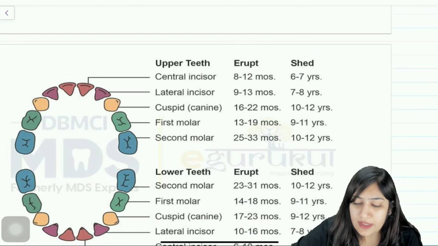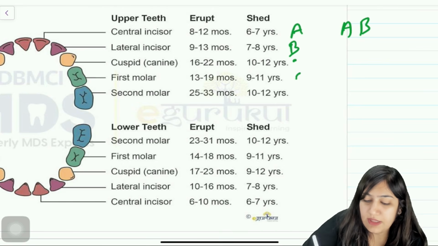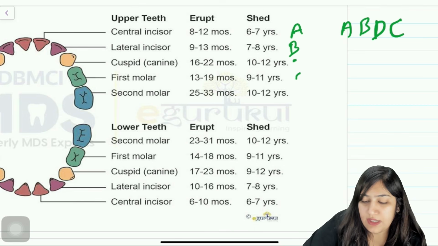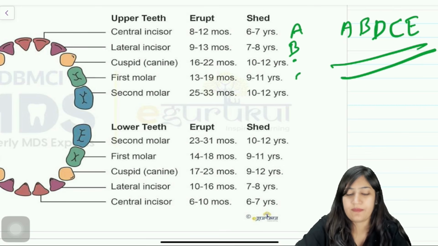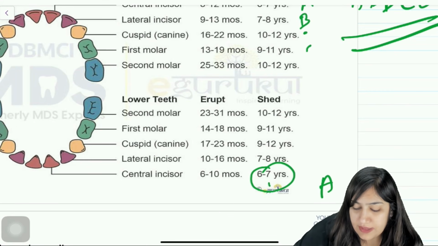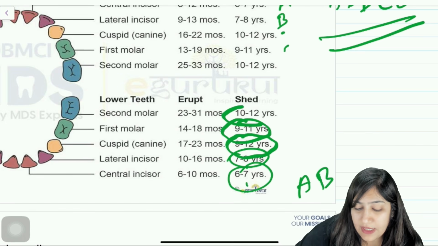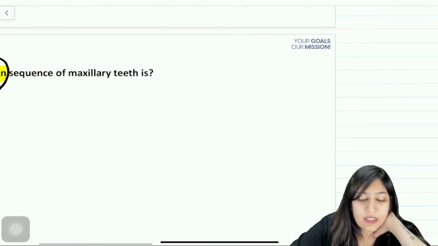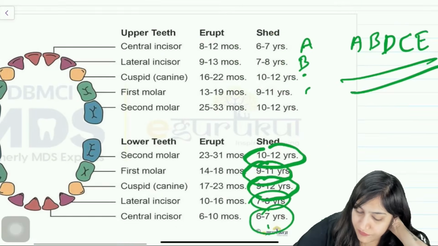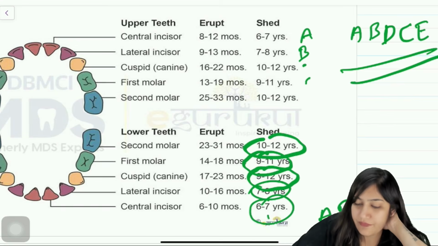So shedding time, as we can see for maxillary teeth, central incisor is 6 to 7. So first is A, then B, then you can go with D: A, B, D, C, E, right? For maxillary teeth. Coming to mandibular teeth, 6 to 7 A, 7 to 8 B, 9 to 12, 9 to 11 and 10 to 12. Here it is asked for maxillary teeth: A, B, D, C, E, right?